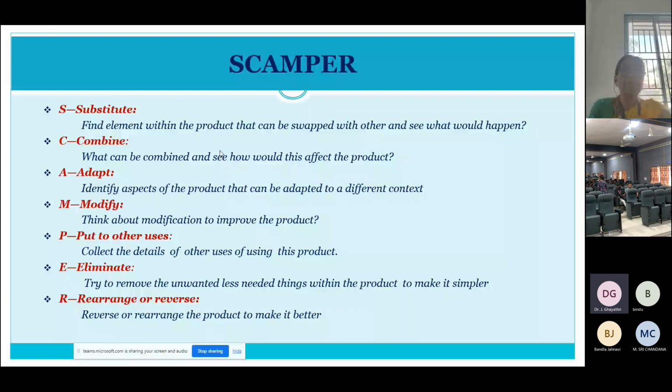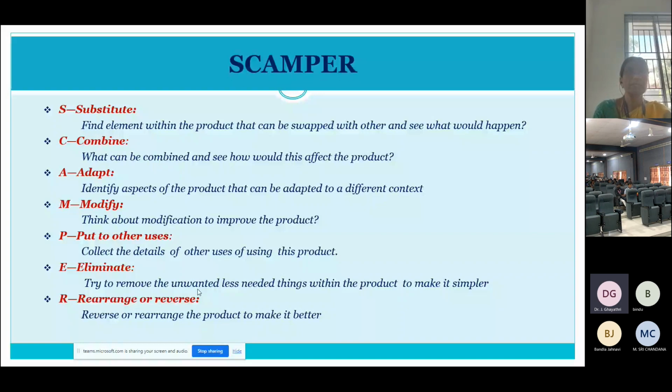Then adapt: identify the aspects of the product that can be adapted to a different context. Then modify: you can list some ratio of some component and make some modifications. Then put to other uses: collect details of other users of this product. Then eliminate: remove some unwanted components.